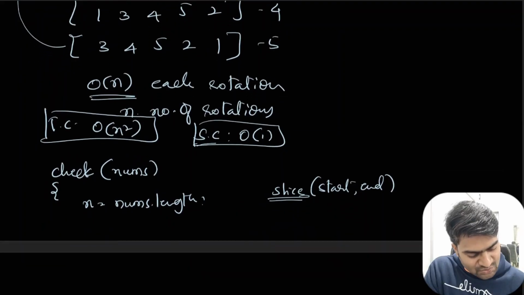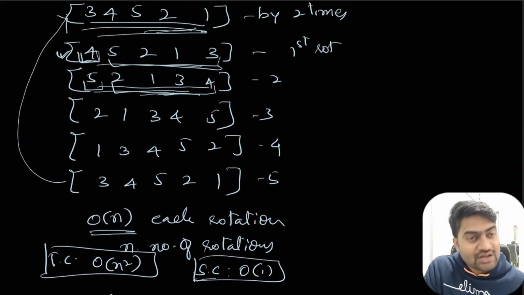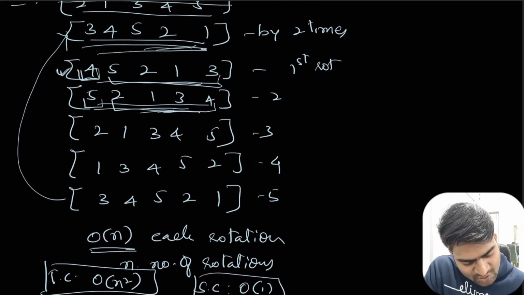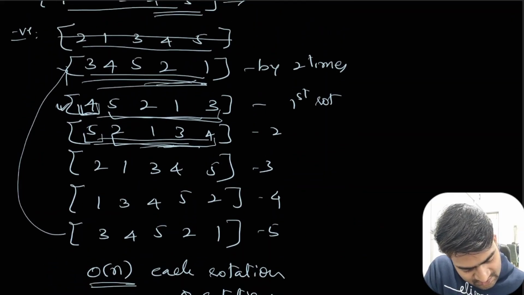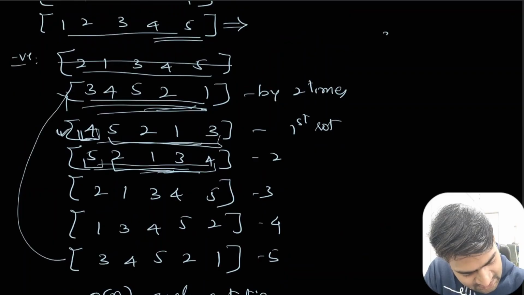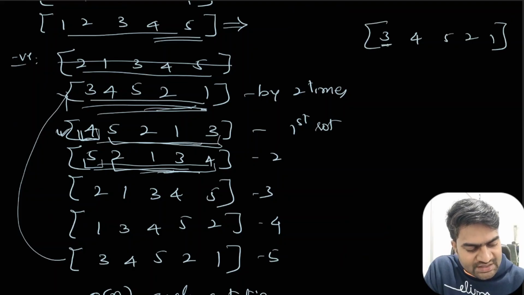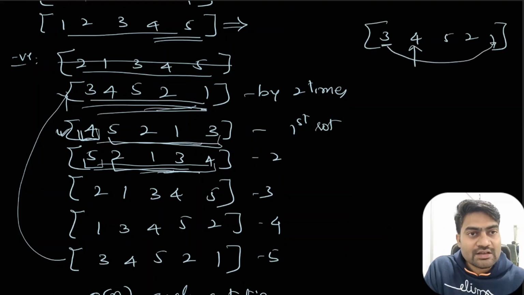So if you take this example, 3, 4, 5, 2, 1, and I want to send this element to the end, then my rotated array will have the next element at the first.